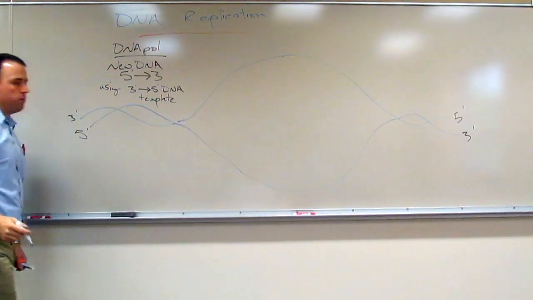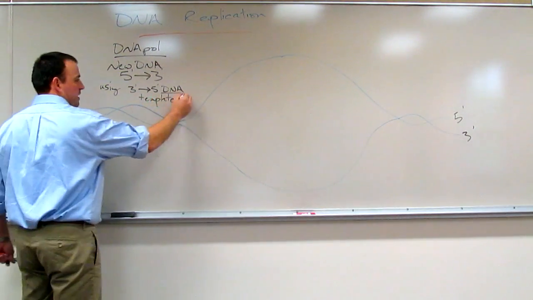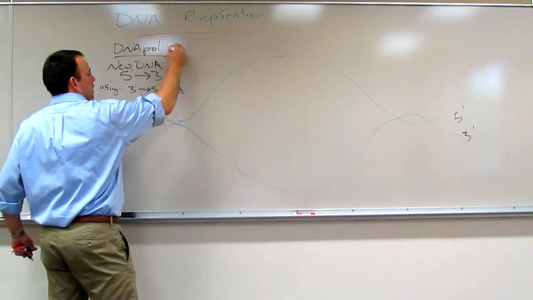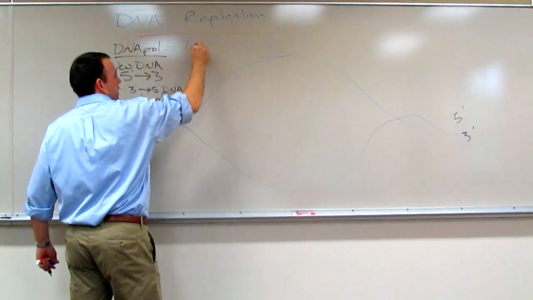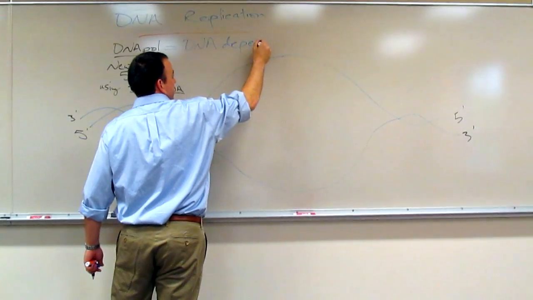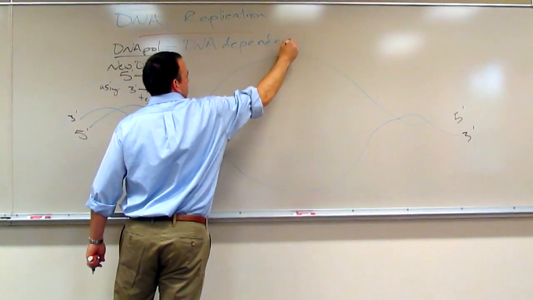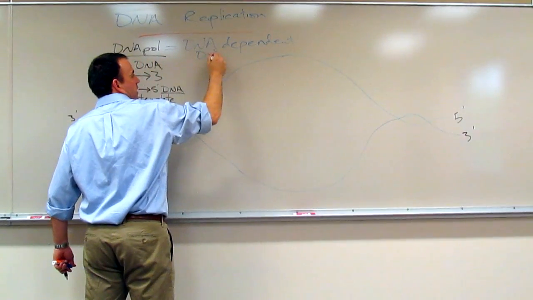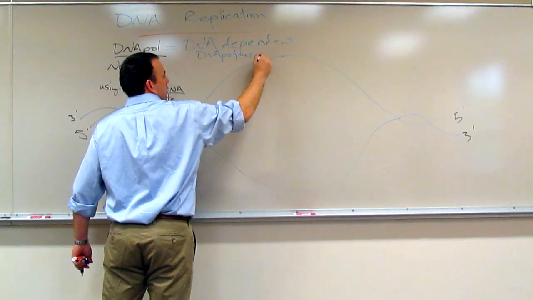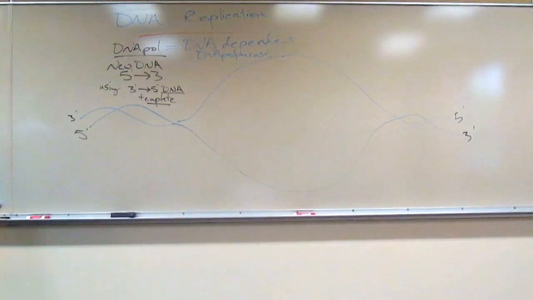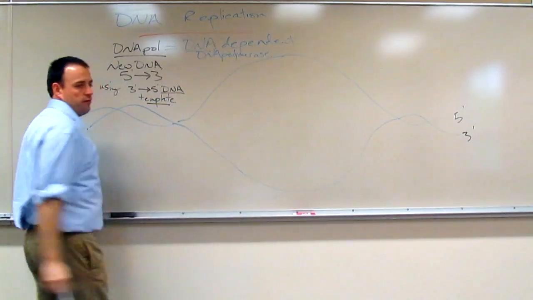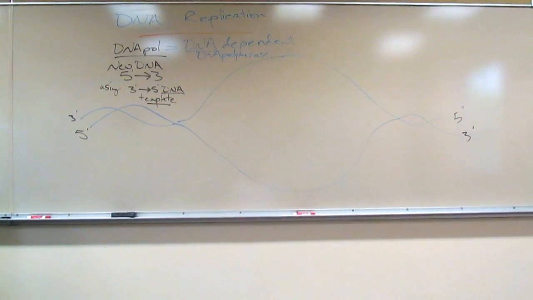Because of the use of the DNA template, we say that DNA polymerase is a DNA-dependent DNA polymerase. Why? Because without a DNA template, it can't do any work. So it's DNA-dependent DNA polymerase.